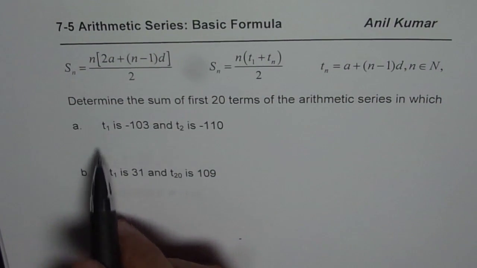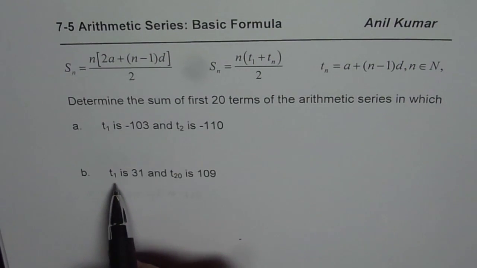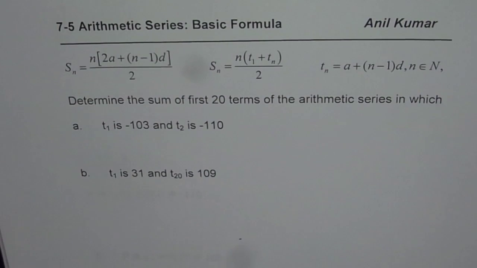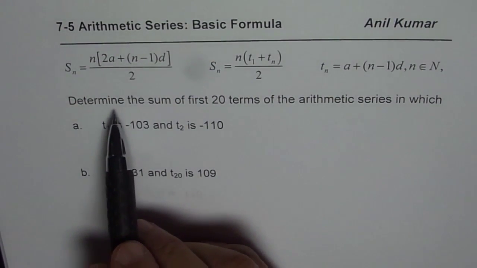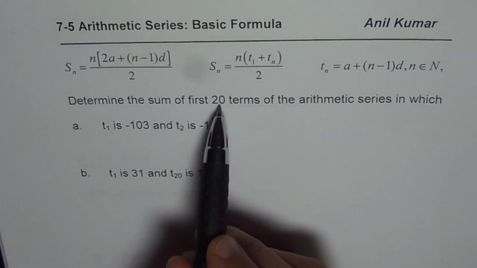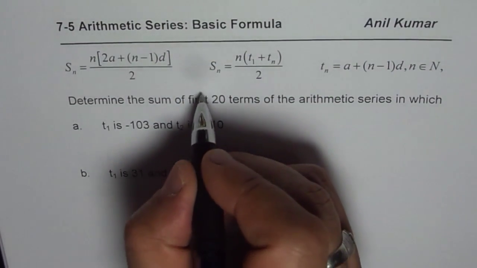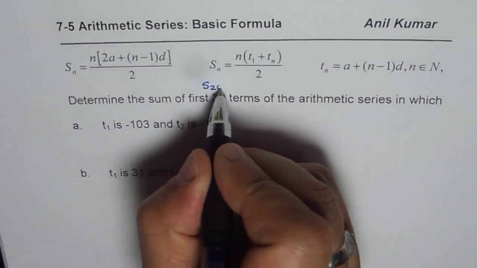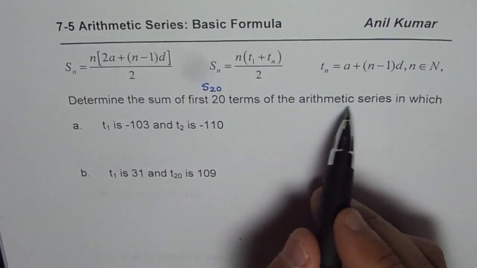Well, I've taken these two questions specifically so that I can once again tell you which formula to use when. Now here the question is determine the sum of first 20 terms. That means we want to find S of 20, right? Of arithmetic series.